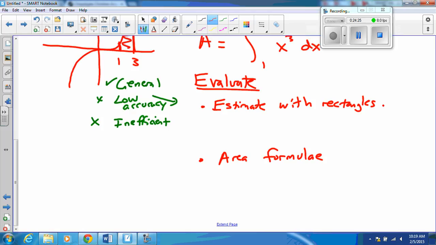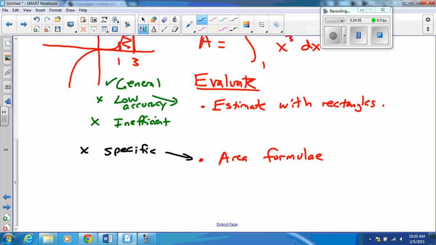Yes, that is a big con. The area formulas are specific, not general, which means that I can only use them for certain shapes. What 4 shapes have we covered that we can use it for? Rectangles, triangles, trapezoids, and circles. Half circles, quarter circles. All right, so these are very specific. That's a problem for us.